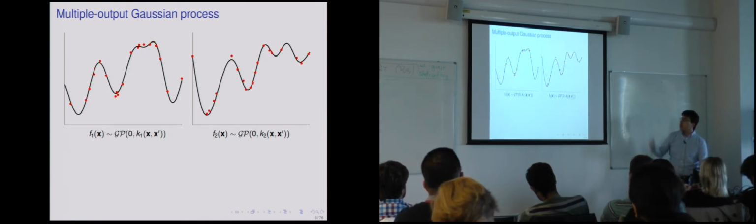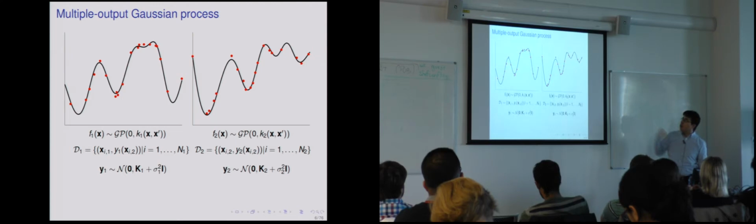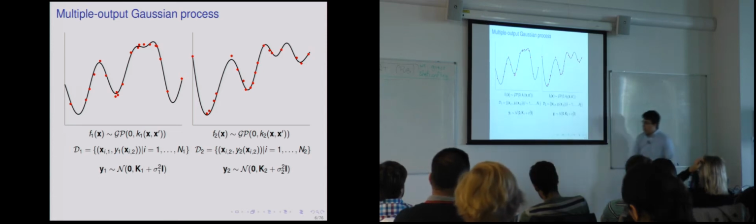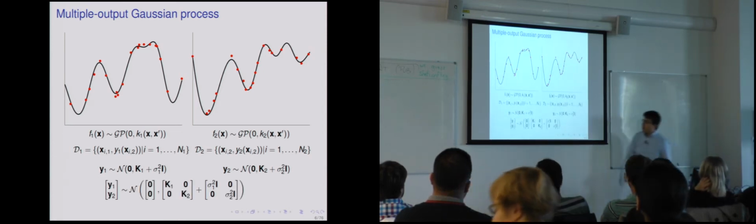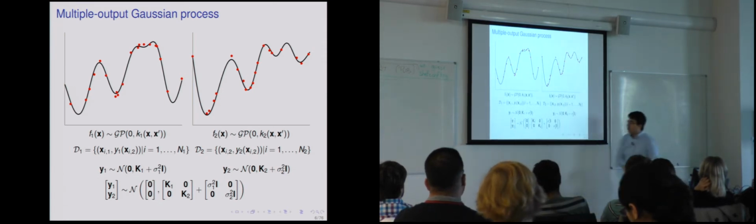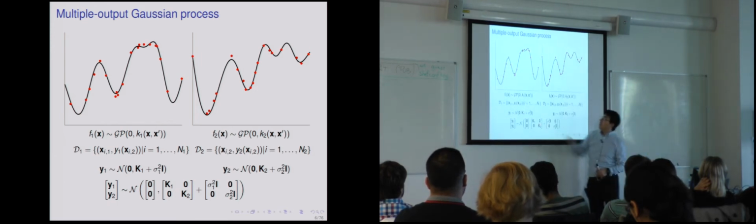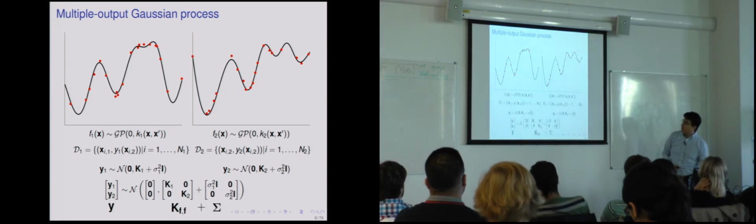I could also have noisy observations for these two processes, like here, and then also have an observation model for each of them. Then I would just add this additional covariance function for each of the vectors, and I get this representation for, again, the stacked vector of the noisy random vectors. Again, what we see here is that I'm assuming independence between them.